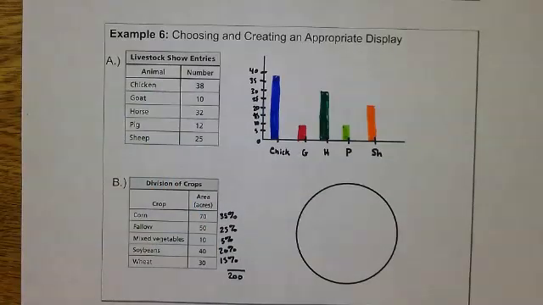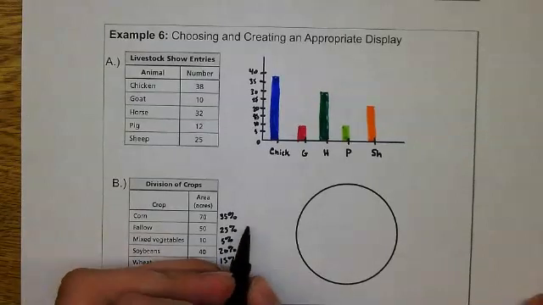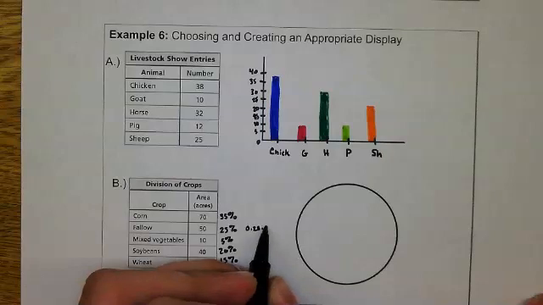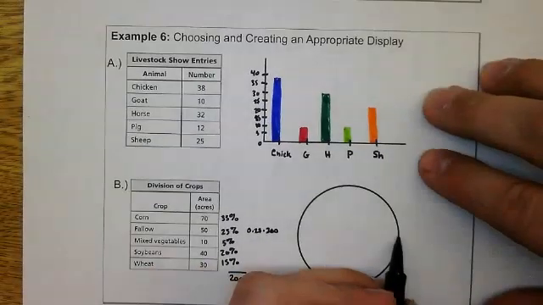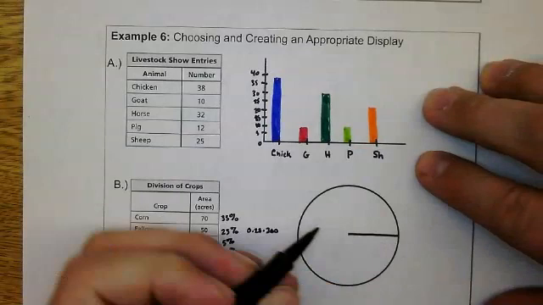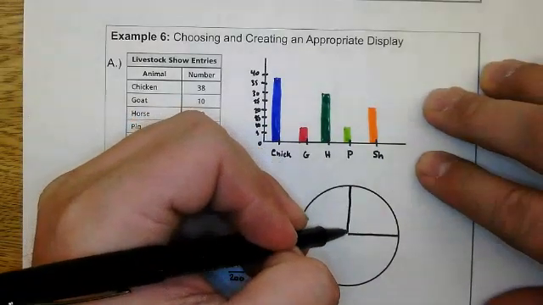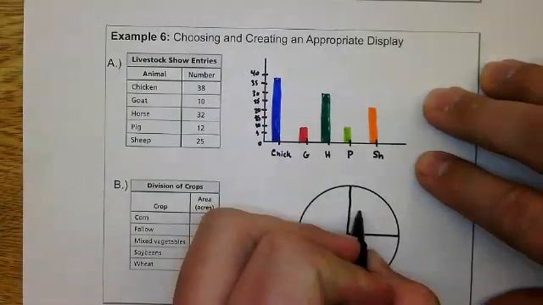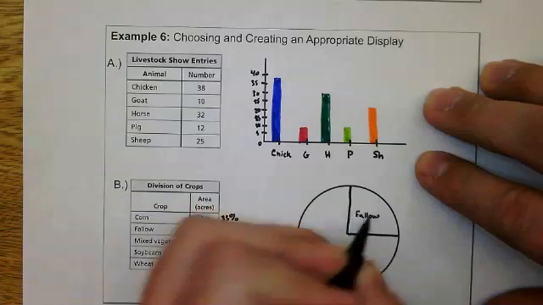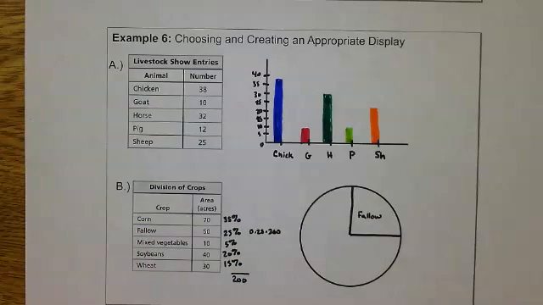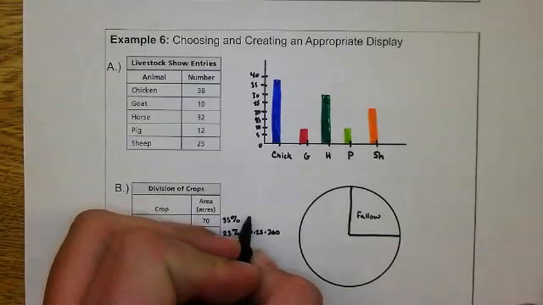Now to get the angles that we need to make, so this one's an easy one. It's just 25% of 360, which will be 90. So that'll be the follow, 25%. Then if you take 35% of 360, you get 126 degrees.